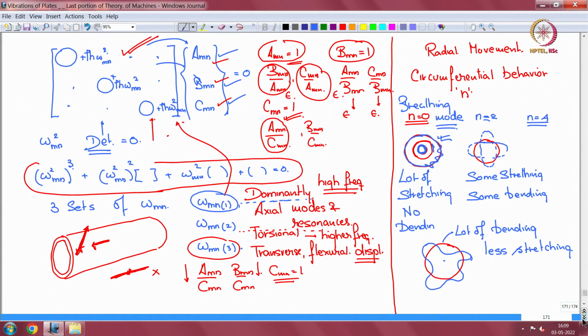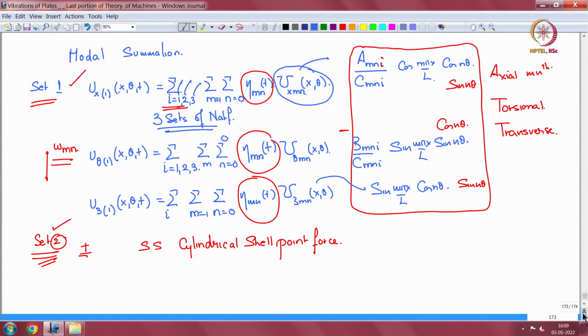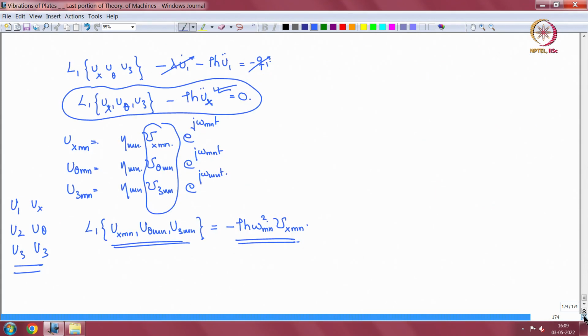That is exactly what is happening over here, because this Ux mn carries with it a mn by c mn and so forth. They are carried within it. So this L1 operator is equal to this, and we are going to use this. That is the reason I am trying to stress.